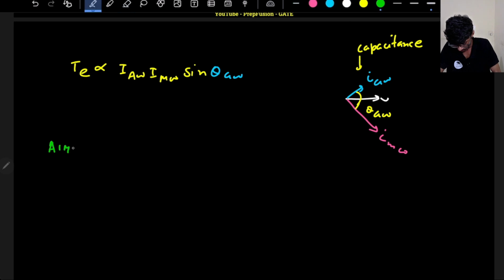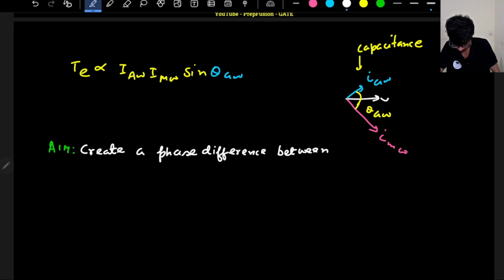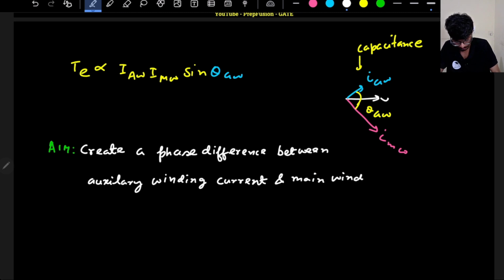The aim is to create a phase difference between auxiliary winding current and main winding current.